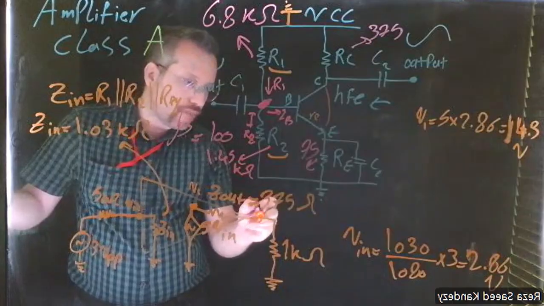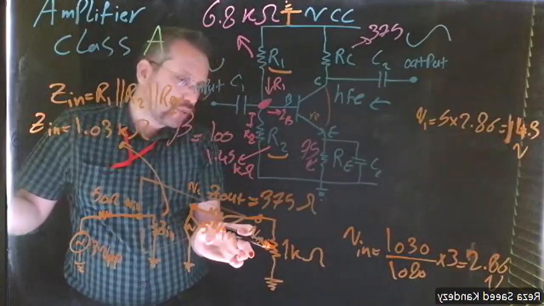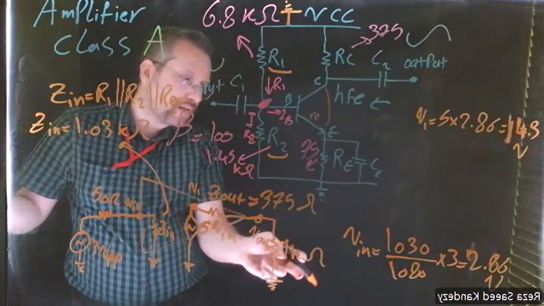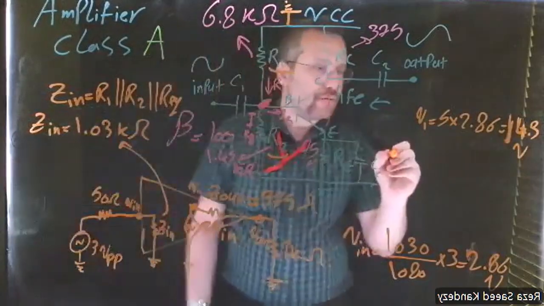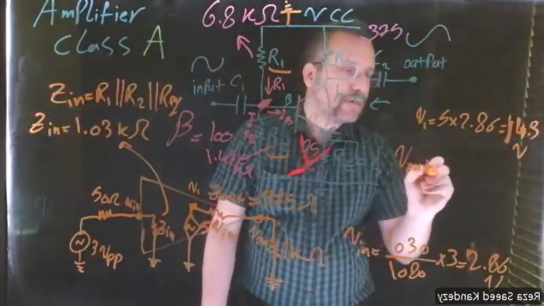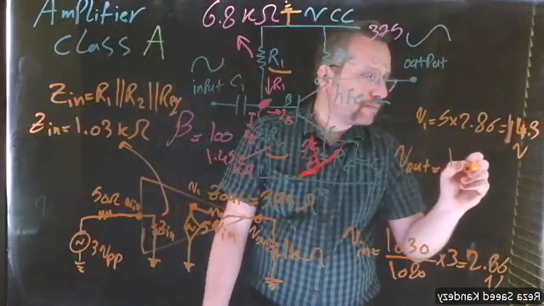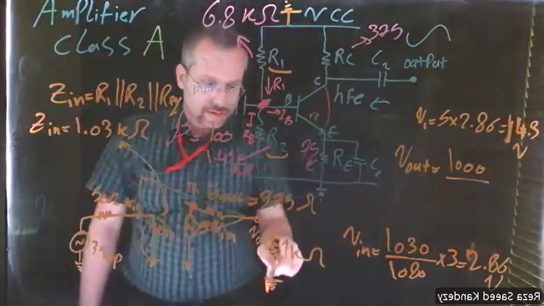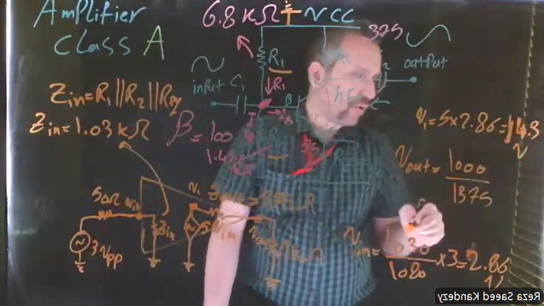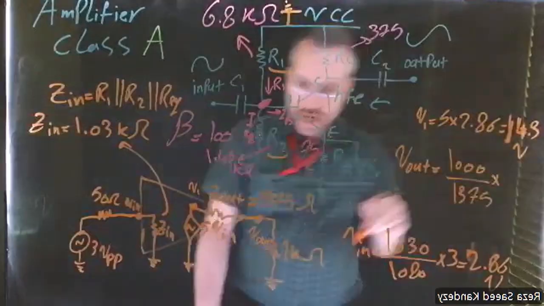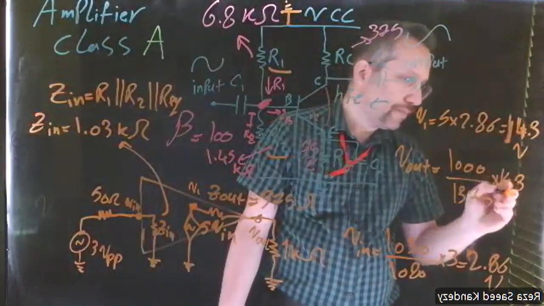So now V out is again the divided voltage between that Z out and that load. So V out is going to be 1 kilo ohm over the summation, which is 1375 ohm, times that voltage, which is 14.3.